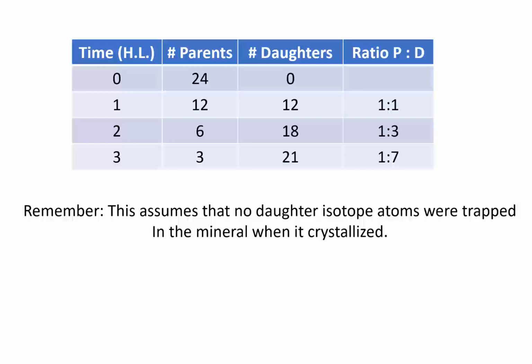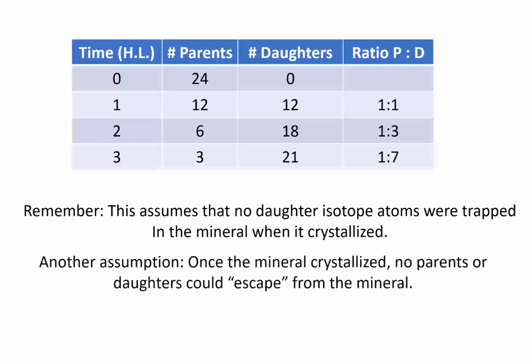There's another assumption that we've been using, and I've mentioned, is that we assume that once the mineral crystallized, no parent atoms could escape from the mineral, and no daughter atoms could escape from the mineral either. Another assumption, really I didn't write it down, is that no parent or daughter atoms can leak or sneak into our mineral crystal once it's crystallized.